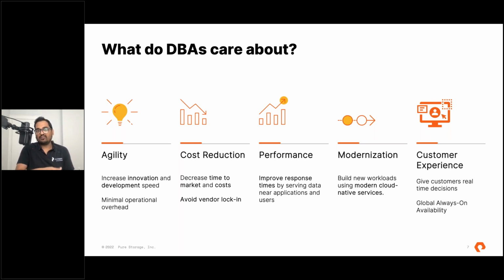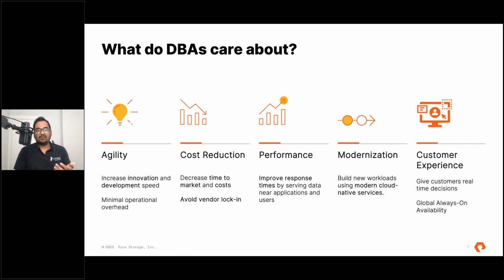If your development teams or developers are asking for different database backends or different database backend endpoints, you don't want to be in a situation where you ask all the developers to open tickets using ServiceNow, and then eventually somebody from the DBA team or the infrastructure team goes ahead and deploys those virtual machine-based instances or bare metal-based instances or even cloud-based instances, right? And then makes sure to configure all of those according to best practices, makes sure backups are enabled, and then eventually gives that endpoint to a developer. This is a really slow way of doing things, and this is something that is a challenge for DBAs.